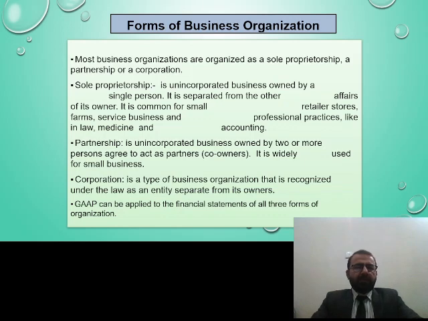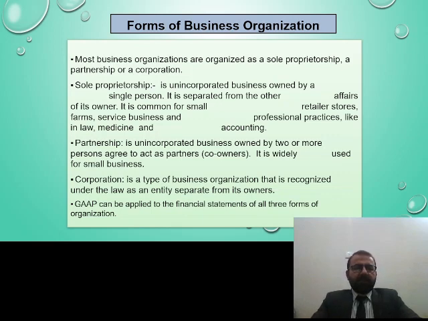What is sole proprietorship? It is an unincorporated business owned by a single person. It is separated from the other affairs of its owners. It is common for small retail stores, firms, service businesses, and professional practices like law, medicine, and accounting.